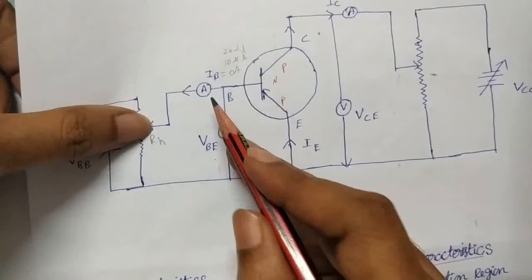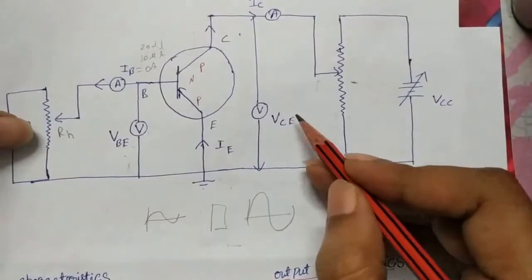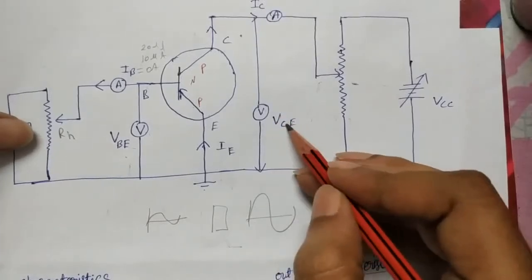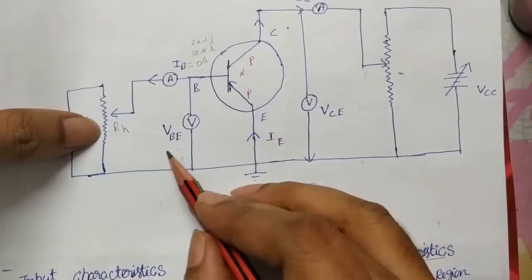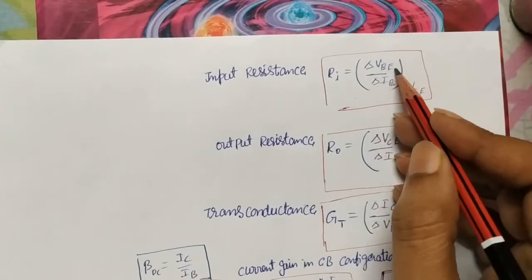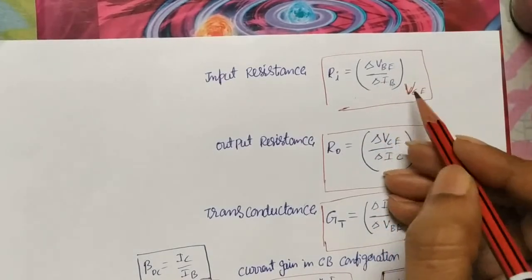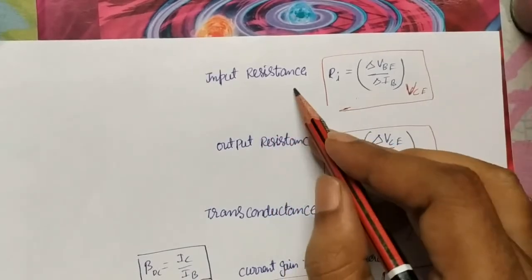But this value is continuously changing whenever you change the output potential. That's why they mention that keeping output potential constant, input potential by input current, VBE by IB, gives the input resistance. Change in input potential by change in input current, keeping output potential constant, is what you call input resistance.